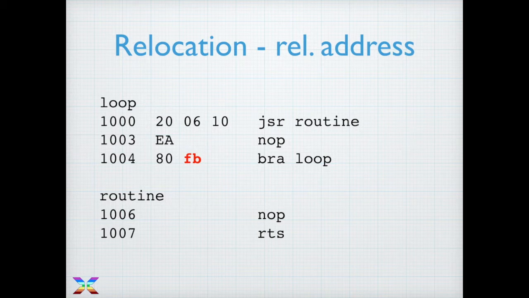Instead of going back to 1000, it's going to go back to 1001, and your resulting program would be trying to execute that jump subroutine's argument as instructions, which are almost certainly not correct. So of course what needs to happen is that the assembly language environment needs to adjust that relative offset and fix it.